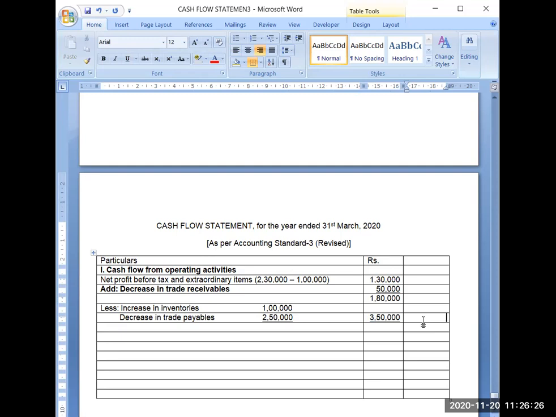So now the final answer will be in brackets. It will be an answer, negative answer. So we will here write cash used in operating activity.